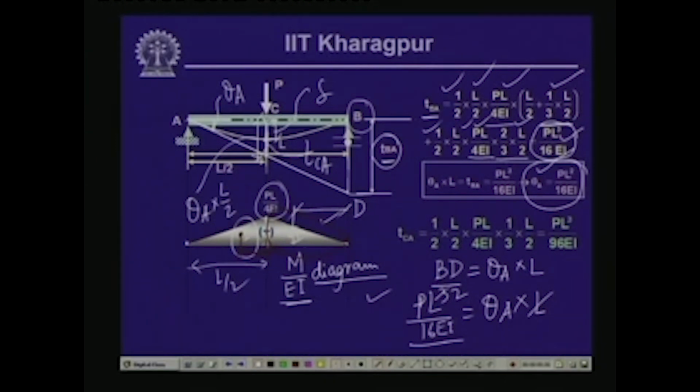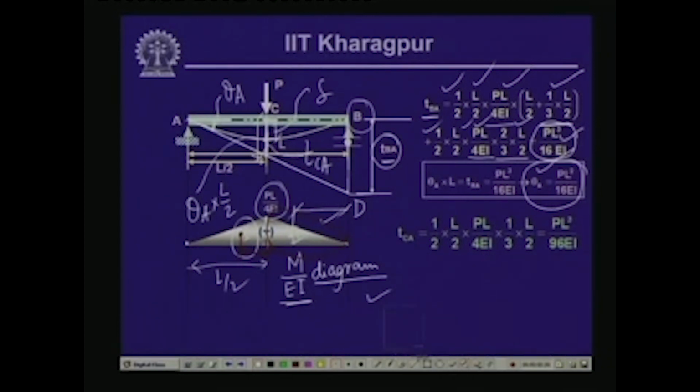So, from the whole distance, if we subtract this particular part, we get the value of delta. So, let us compute the value of delta. The TCA value, the tangential deviation of point C with respect to the tangent drawn at A, is equal to the area or the moment of the M by EI diagram between A and C taken about C.